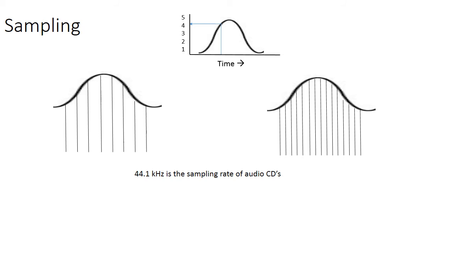Now, with this example, you're seeing very low numbers, but imagine 44,000 measures of the wave. And even with 44,000 measures of the wave, just like in the examples above, some information is lost.